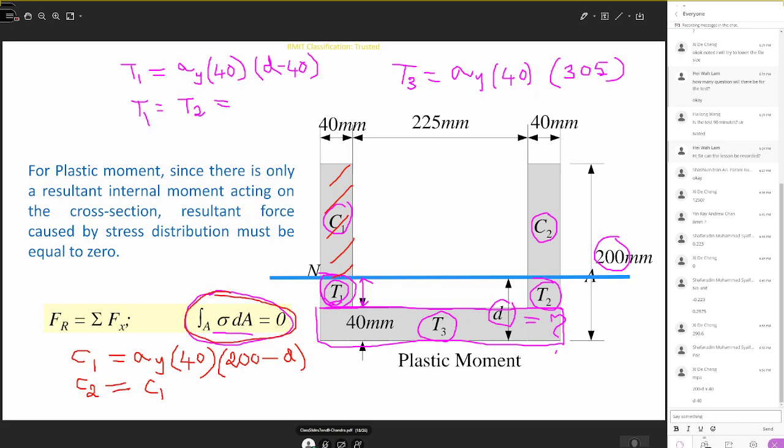That means the total force acting on the cross section will be 0. So T1 plus T2 plus T3 minus C1 minus C2 is 0. This is the total resultant force acting on the cross section. If you apply this equation and solve, the only unknown is D, so you'll be able to calculate D.